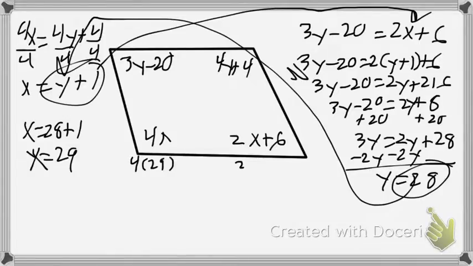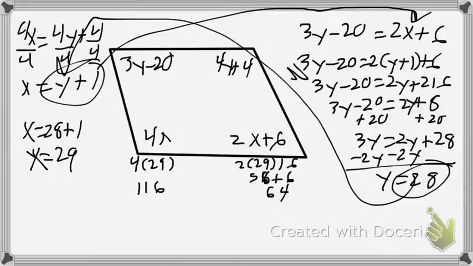So what we're going to do is double check our work. We know that consecutive angles in a parallelogram have to be supplementary. So if we plug in 29 and 28, notice we get 4 times 29 is 116. 2 times 29 is 58.